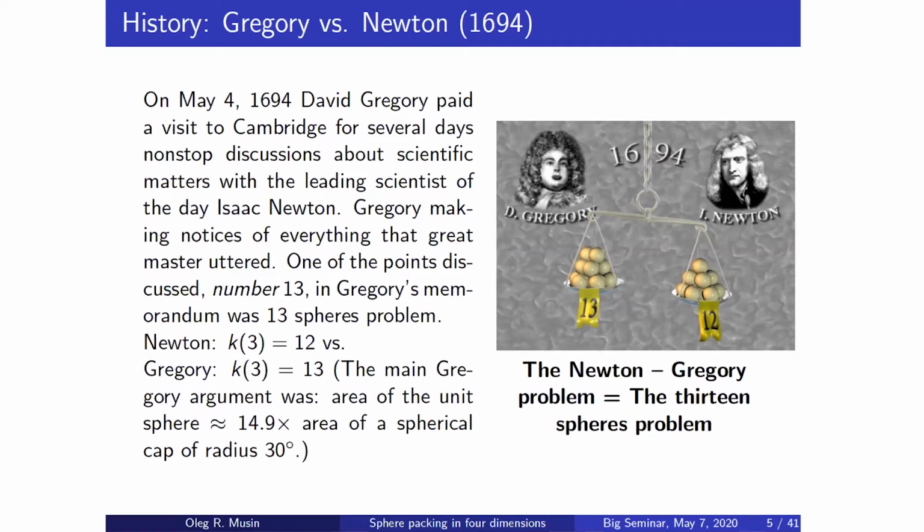That means it's almost 15: the area of the sphere is almost 15 times greater than the area of a spherical cap of radius 30 degrees. Gregory's argument was probably okay: 14 is not possible, but 13 is probably possible.